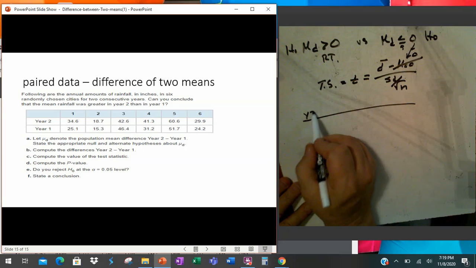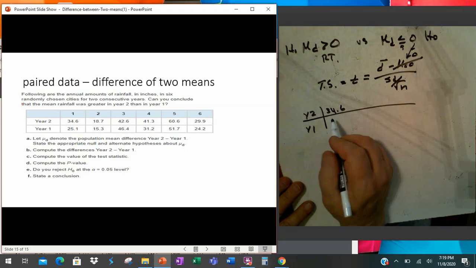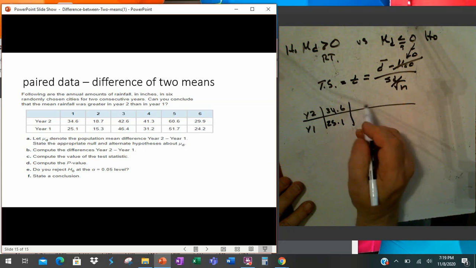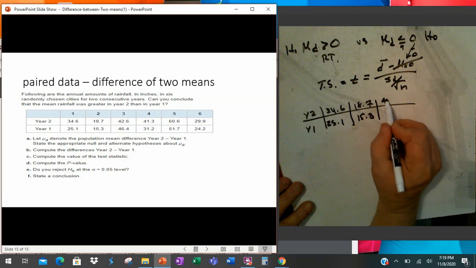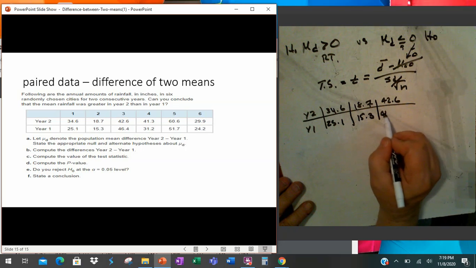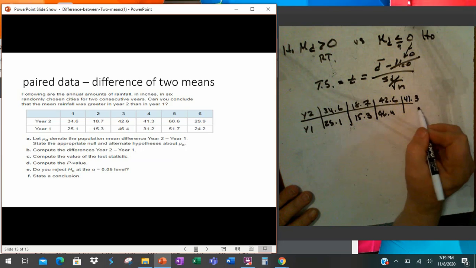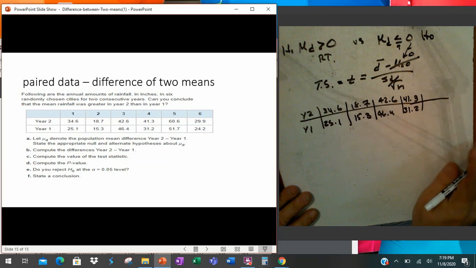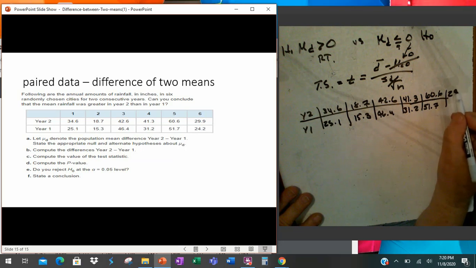Here is my year 2, here's my year 1: 34.6 versus 25.1, 18.7 versus 15.3, 42.6 and this was 46.4, 41.3 versus 31.2, 60.6 versus 51.7, and then finally our 29.9 and 24.2.